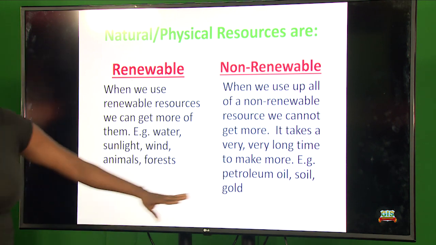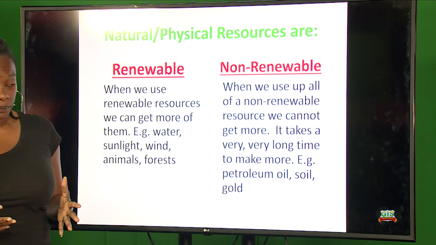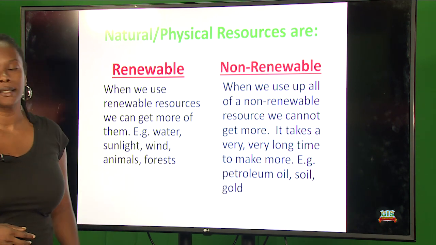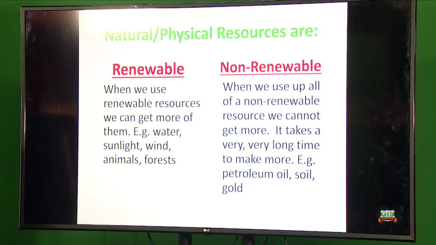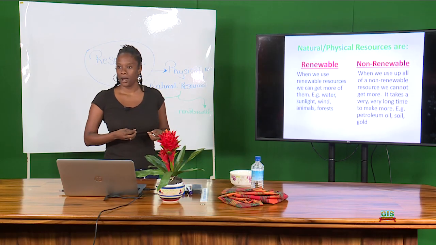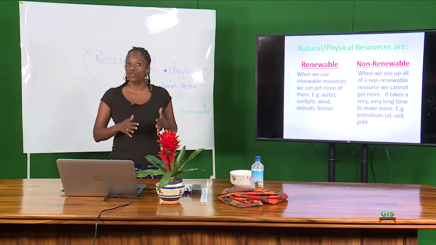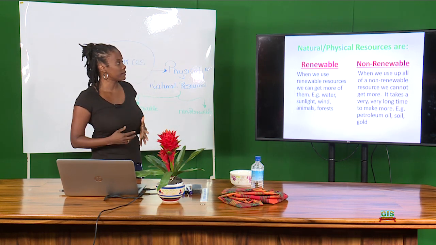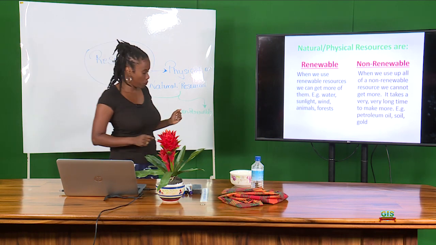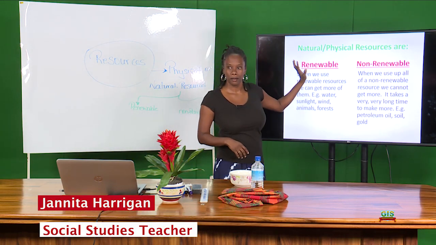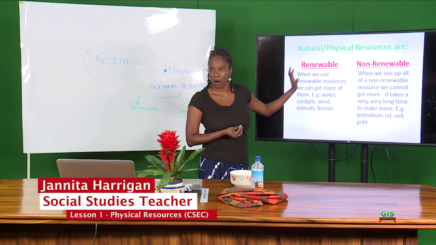For example, petroleum, oil, soils, and gold. Whenever we take them and we use them to create the things that we want, it is going to be difficult to get them back. So we have renewable: if we use, we can get more.